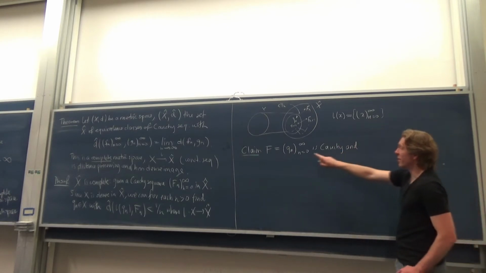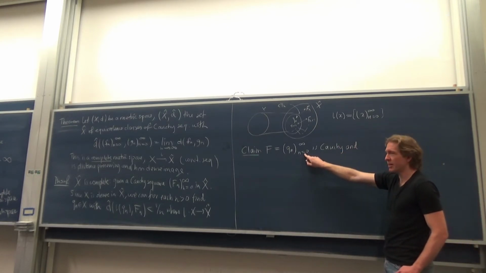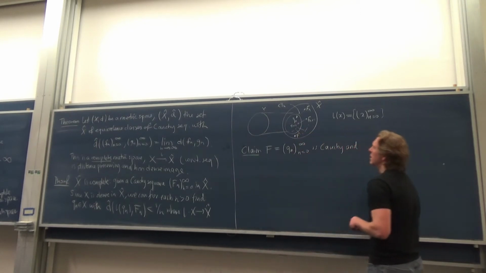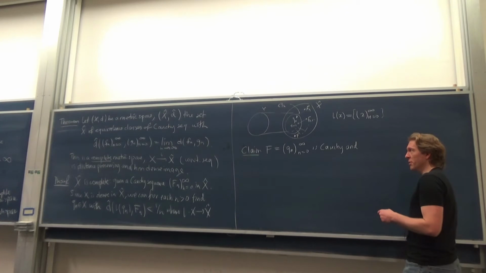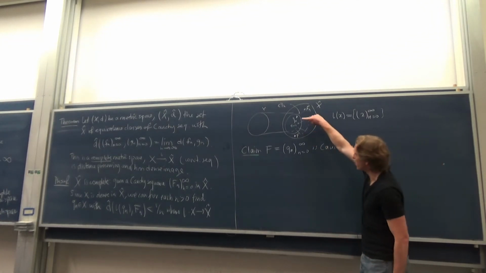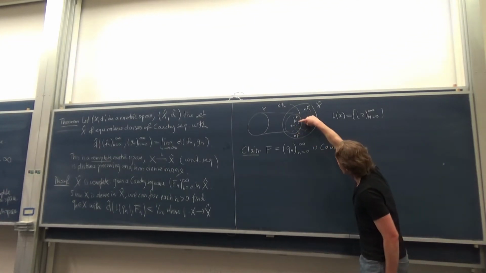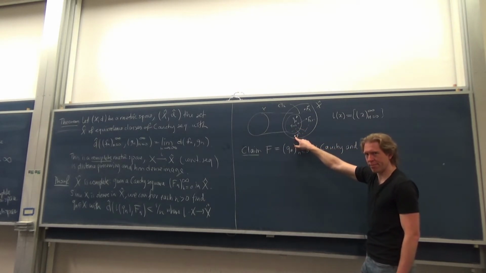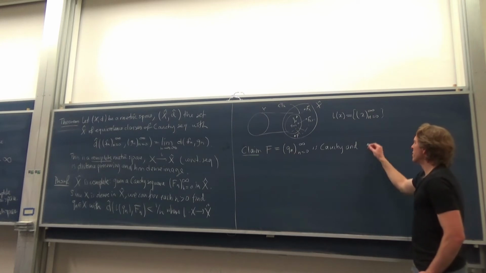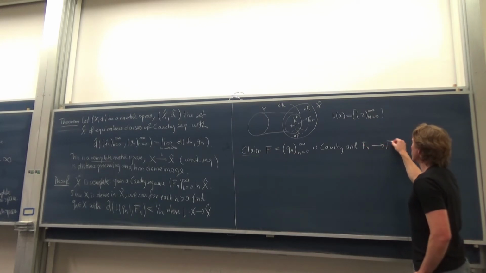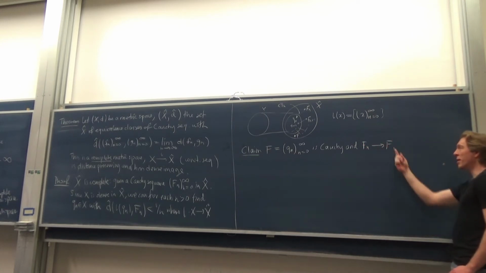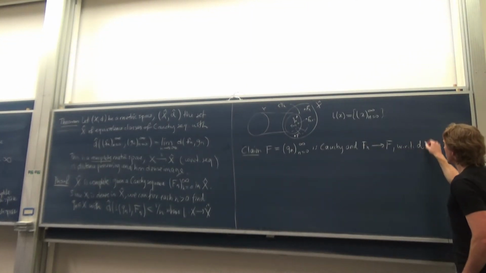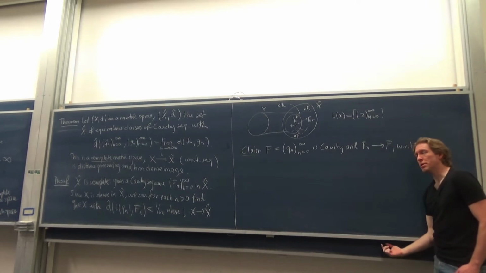And B, that this Cauchy sequence, which is a point of X hat, might be the limit of the original Cauchy sequence. Okay, so this is a bit weird, because this F is actually all of those dots packaged together into a single element. So that's the claim: A, that it's Cauchy, and B, that it's the limit of the Fn's with respect to d hat. Okay, so that's what we've got to prove.